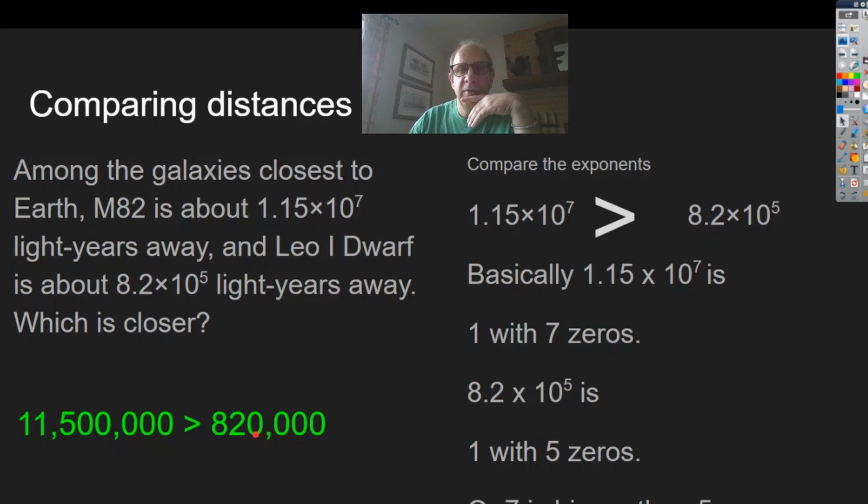And if I head to 8.2 and I move it 5 spots over, it's 820,000 light years. So obviously 11,500,000 light years is a lot more than 820,000 light years. Okay. So all I really need to do is compare these two little tiny numbers.